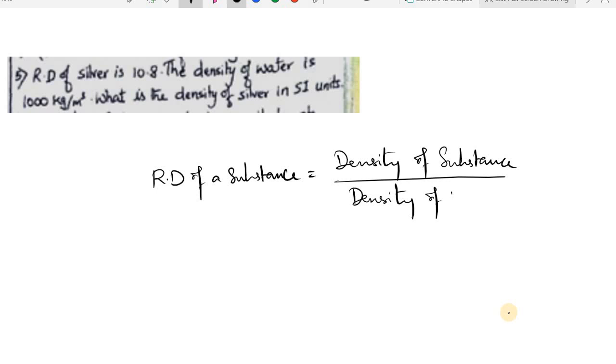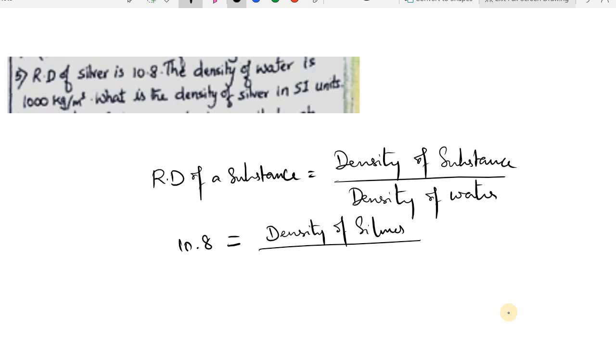So substituting the values that we have here, we get 10.8 equals density of silver by density of water, which is 1000.